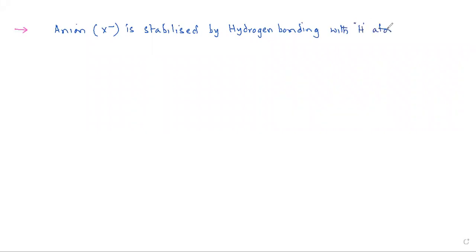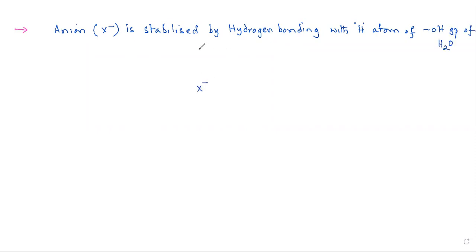Now let us see how the anion is stabilized. See, the anion, that is the halide ion or X minus, is stabilized by hydrogen bonding with the hydrogen atom of the OH group of water, like this.